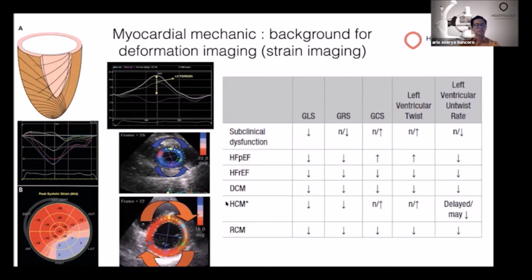The results of the assessment are GLS, global longitudinal strain, GRS, global radial strain, and global circumferential strain. The most robust parameter will be GLS, global longitudinal strain, which probably has a role in diagnosis of heart failure with preserved ejection fraction.